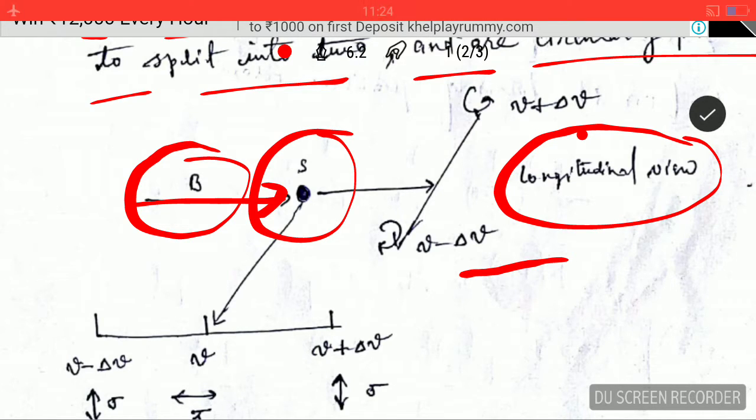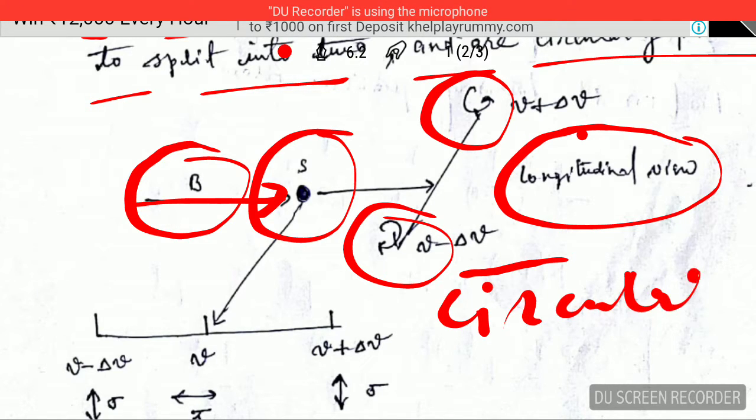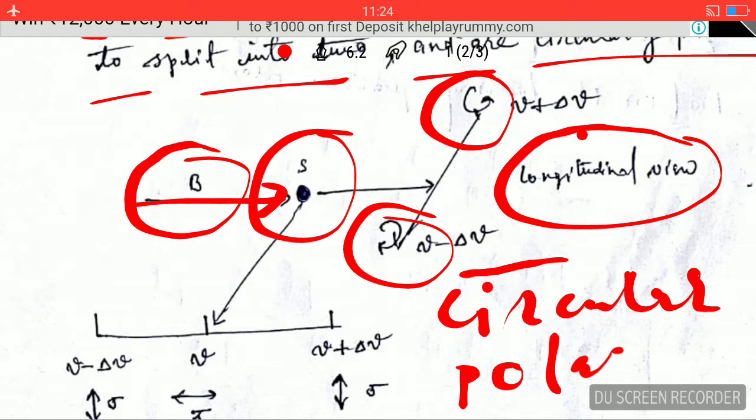If you look in this direction, then you will get two spectral lines. The first line is here and the second line is here. Both of these lines are circularly polarized.